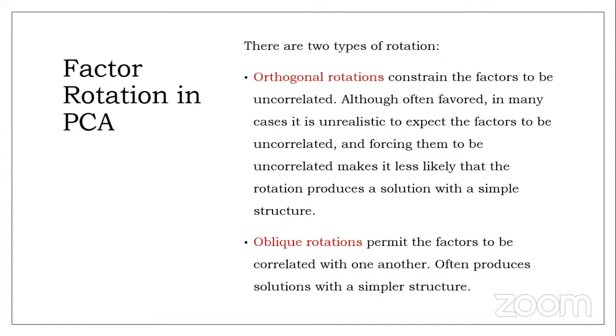Coming to the factor rotation in PCA, generally we have two different types of factor rotations: orthogonal rotation and oblique rotation. Orthogonal rotation constrains the factors to be uncorrelated. So in orthogonal rotations, the factors or components that we get are extremely uncorrelated among each other.